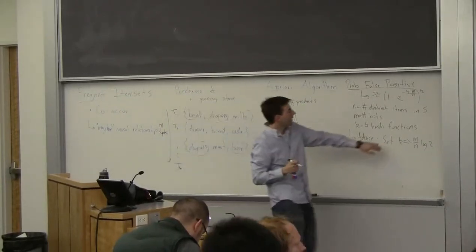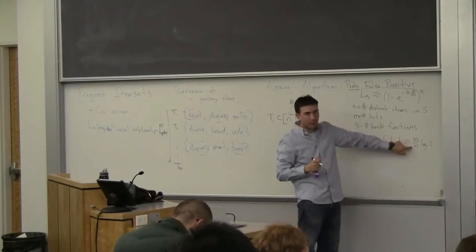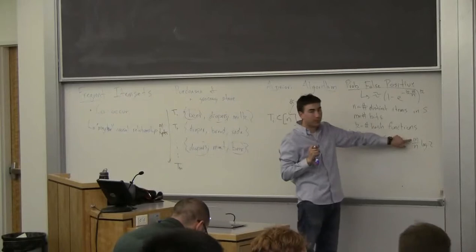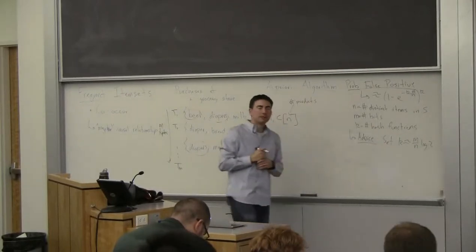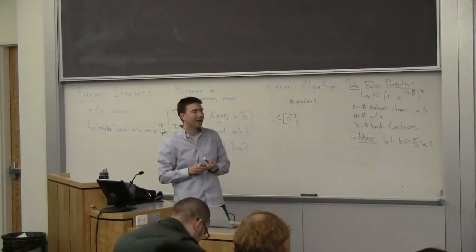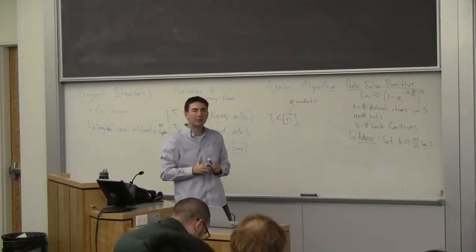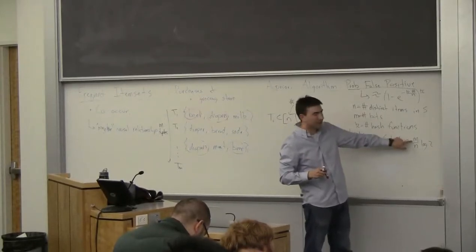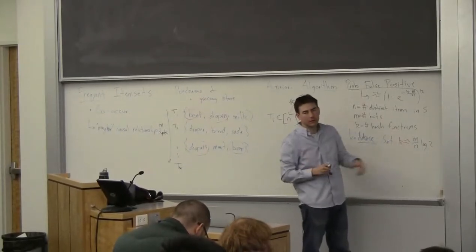So if you're putting more items in the Bloom filter than you have available bits, you aren't going to be able to do much. m over n is how many bits you have per item you put in.